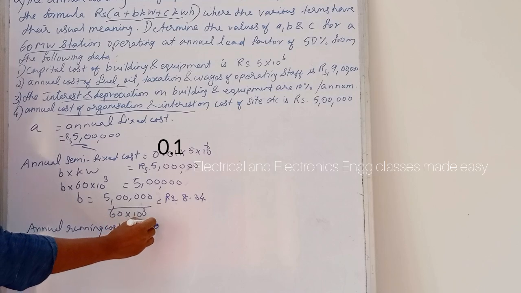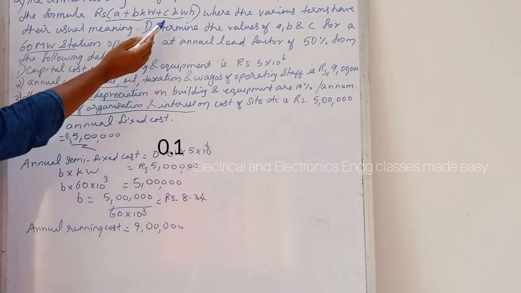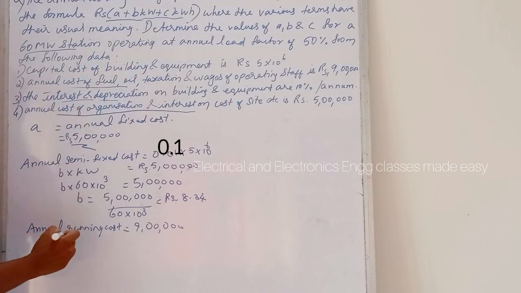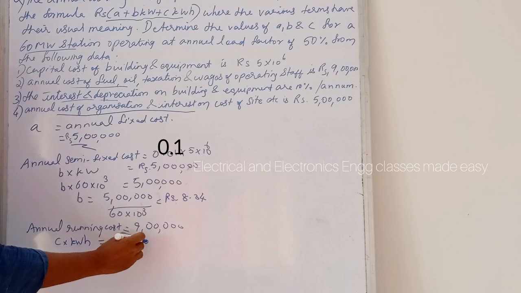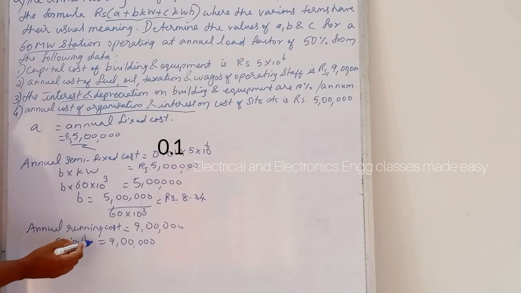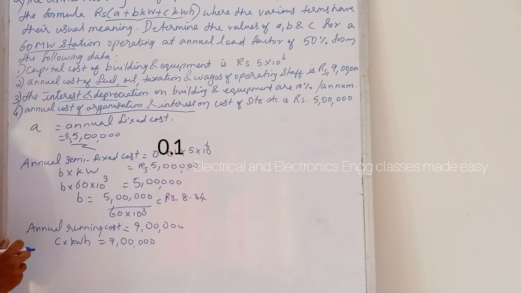So the running cost, C into KWH, is equal to 9 lakh, and we have to find KWH, the units generated per annum. It is not given in the question.